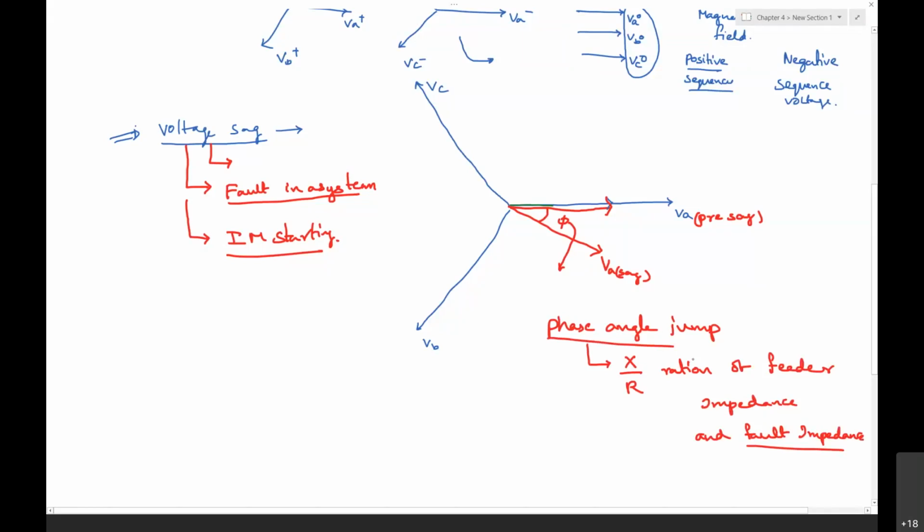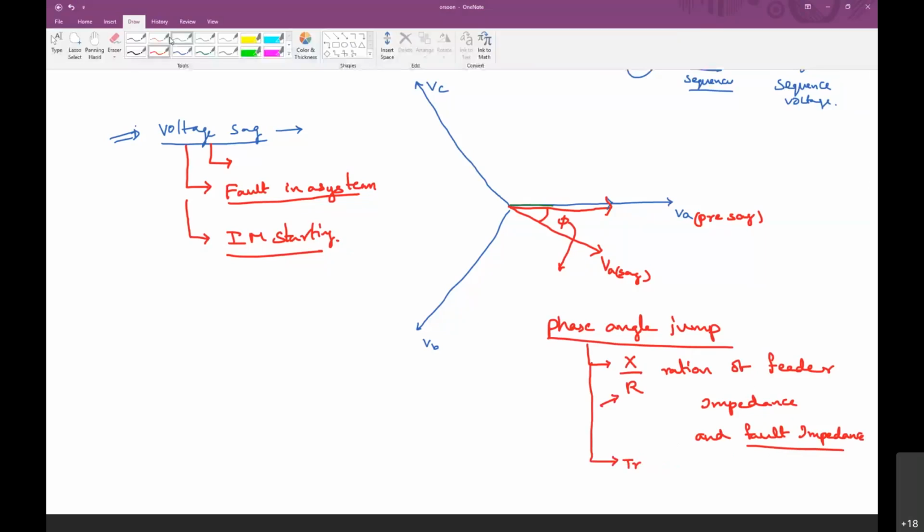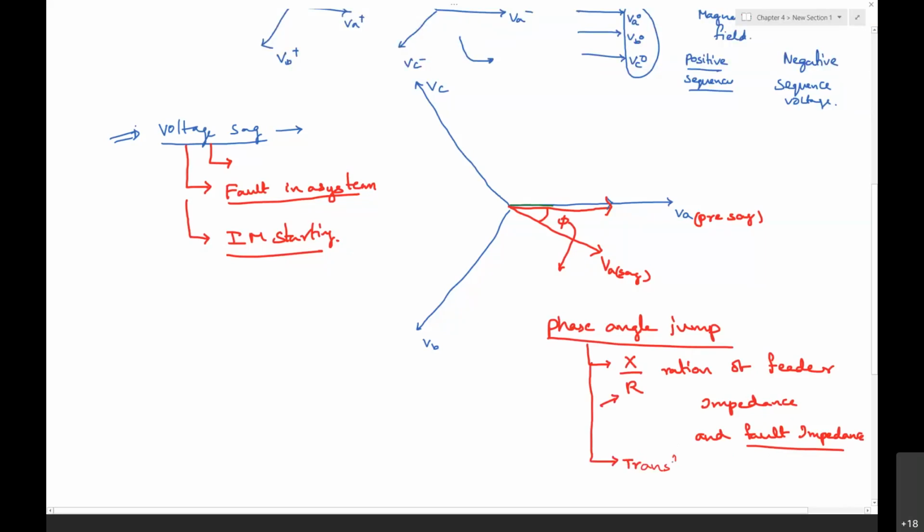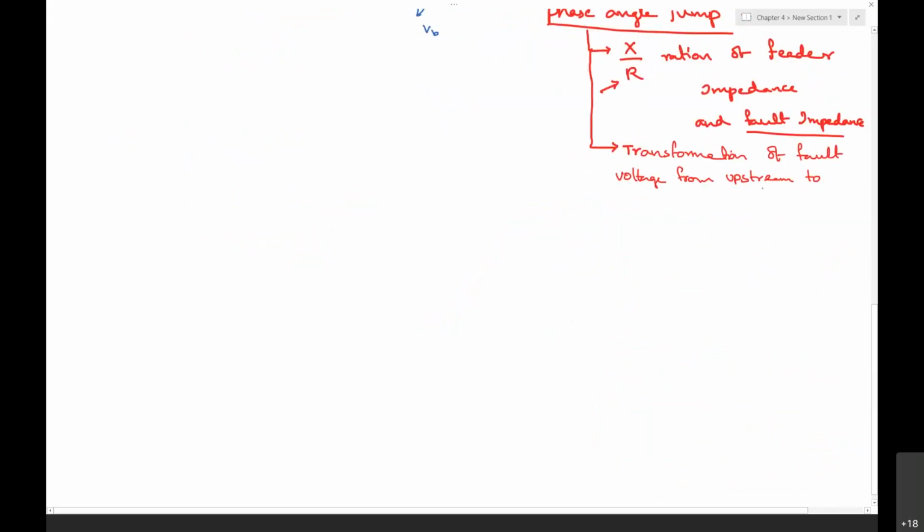The phase angle jump is due to the X/R ratio of the feeder impedance and the fault impedance, and also the transformation of fault voltage from upstream to downstream.